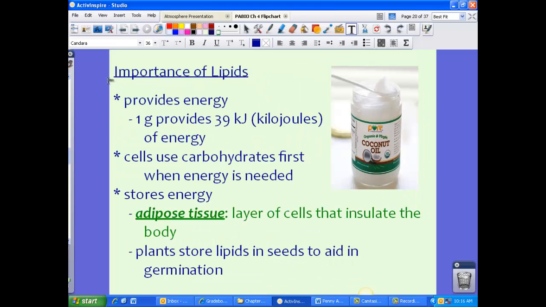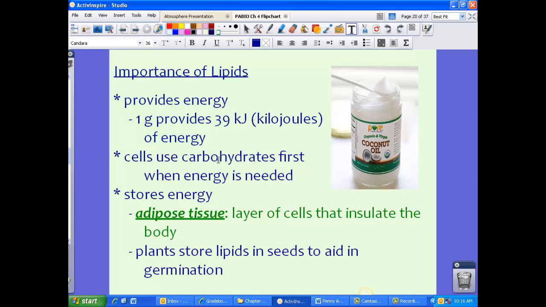Now the importance of lipids. Lipids provide energy, and usually they're given 1 gram of energy, or provides 39 kilojoules of energy. Now if you compare that to your carbohydrates, you'll notice that your carbohydrates only give 17 kilojoules of energy. So ask yourself, where do you get more energy? Do you get them from carbohydrates or do you get them from lipids?